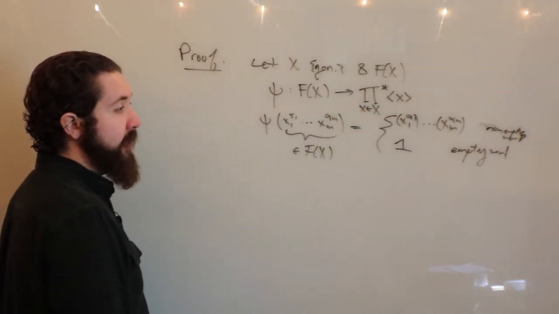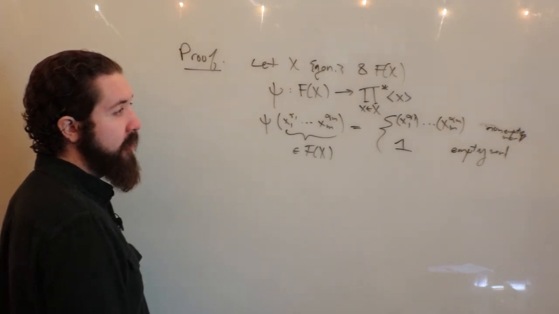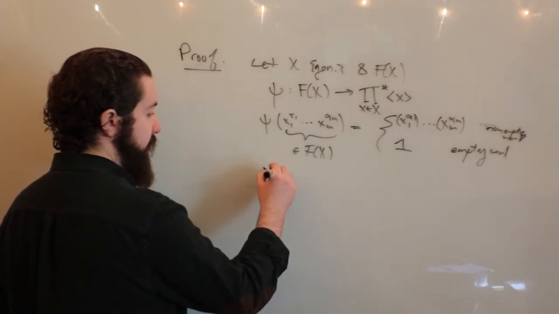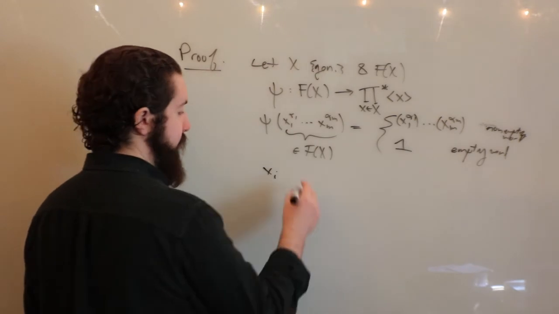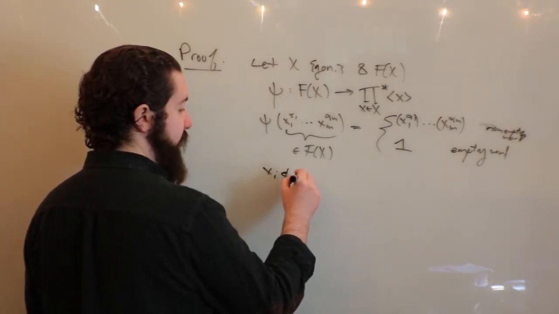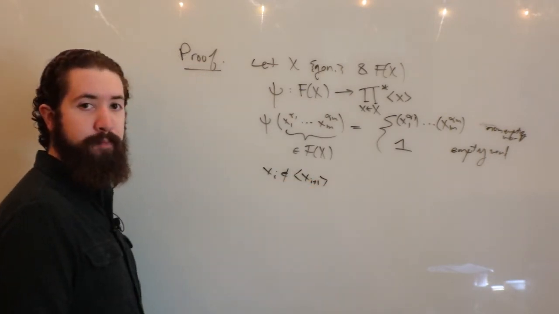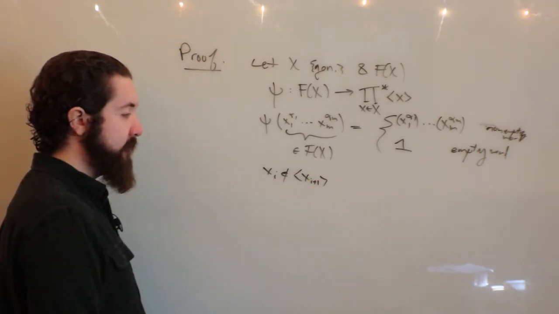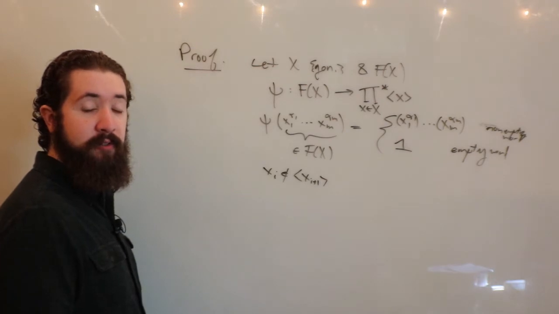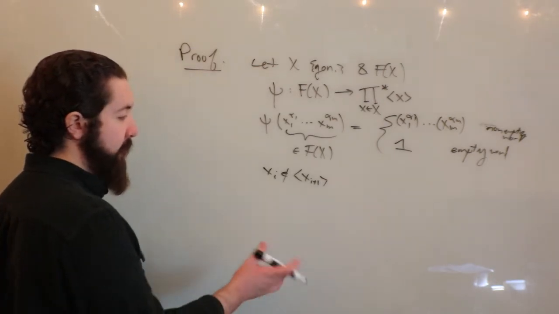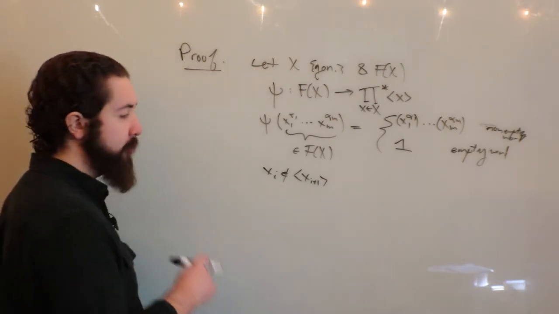So what do we need to ensure? We need to ensure that, say, x sub i is not going to be in the cyclic group generated by x sub i plus 1, right? Because adjacent elements in words in the free product cannot be in the same original group.